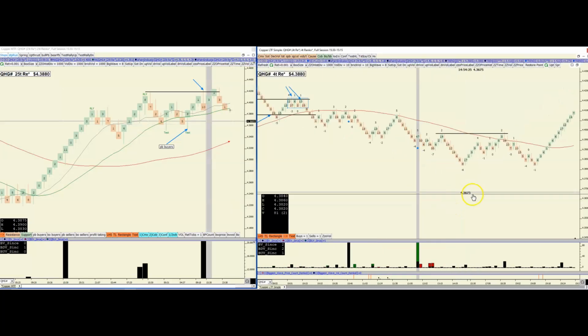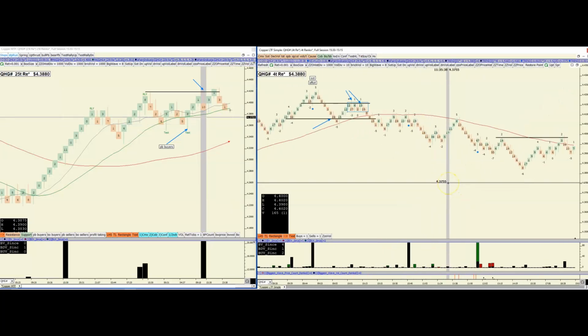So this is one of the things you want to take a look at, like prior session highs and prior highs, and see what's going on there. And specifically, see that where you expect a breakout, is there selling instead?